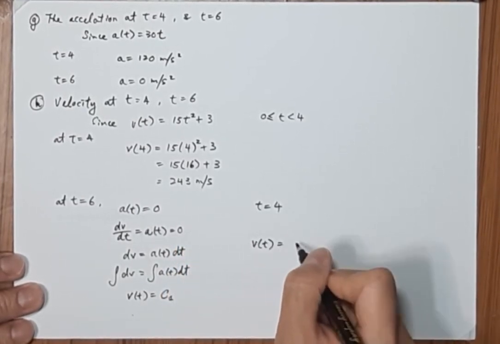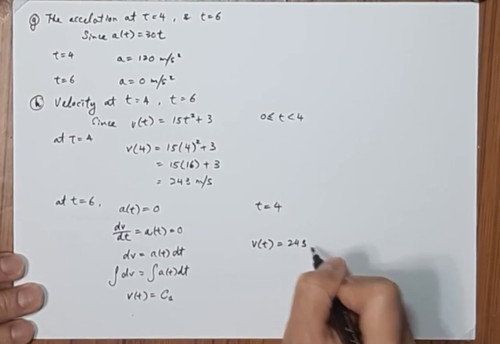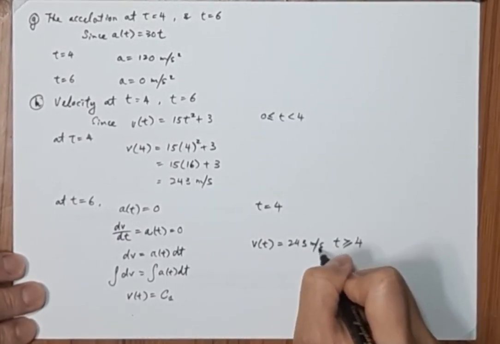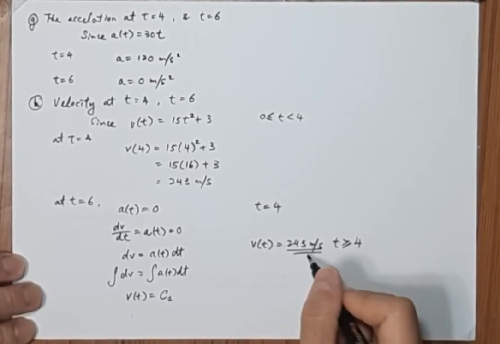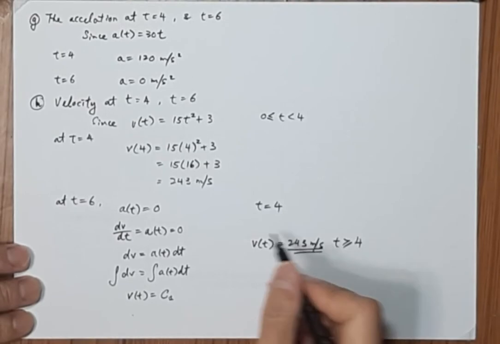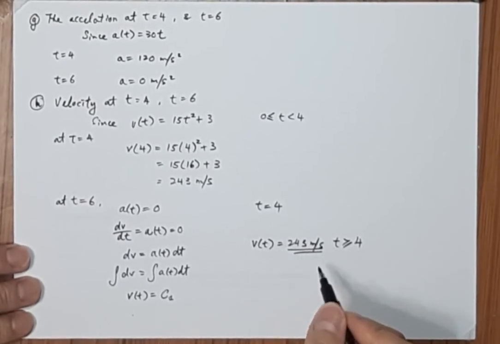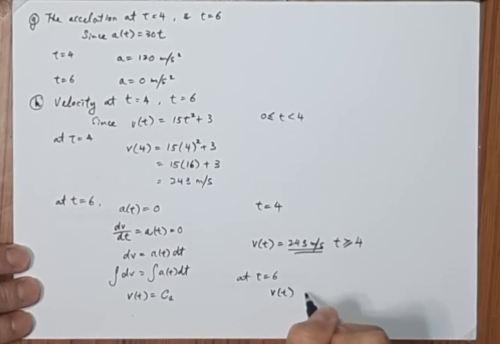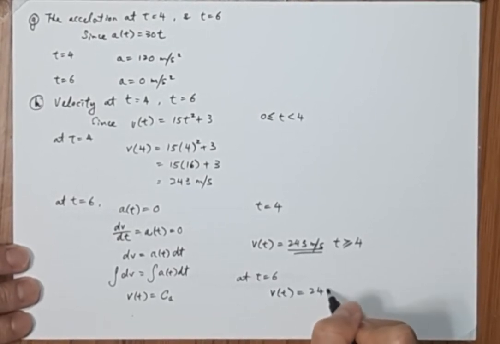So v(t) should be equal to 243 when the time is greater than or equal to 4. That means it is a constant speed because the acceleration is equal to 0. So after 4 seconds, the velocity is a constant speed. So at time equal to 6, the velocity is also equal to 243 meters per second.